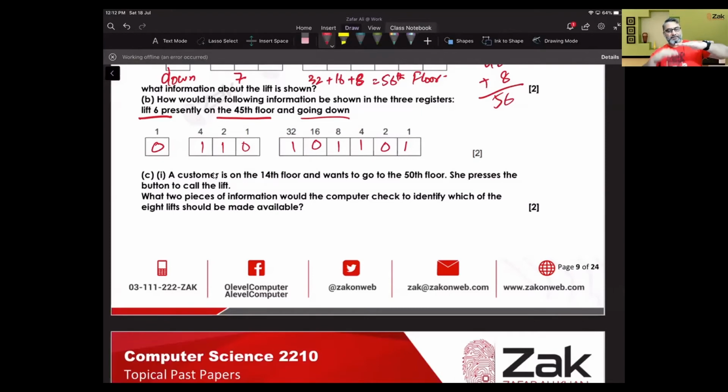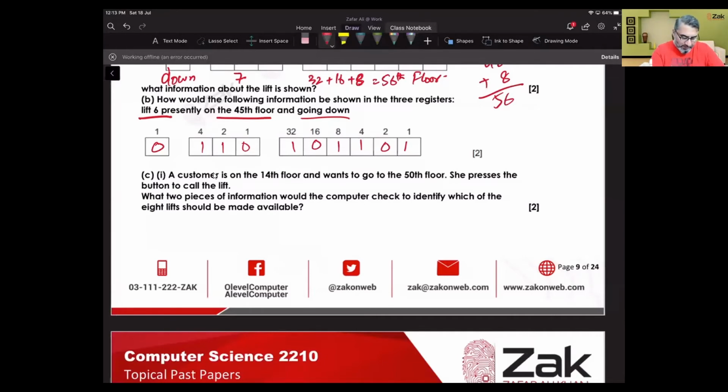Obviously the lift which is below 14 and going up towards the 50th floor is the lift that is required. Lift number is not required. So out of 8 lifts, we will see which one is going up and it is not above 14th floor. So it should be at either floor number 0 to floor number 15 and must be going up. So if a lift is at 14 but going down, it is not required.